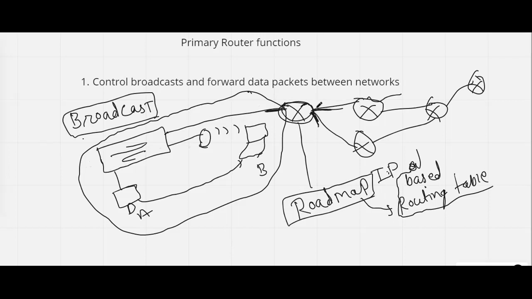What it does is allow us to communicate between the networks. So in this case, suppose these are three networks and they want to communicate. The router will allow us to communicate between these networks. That is also a core function of the router.